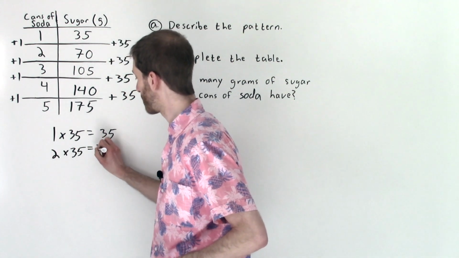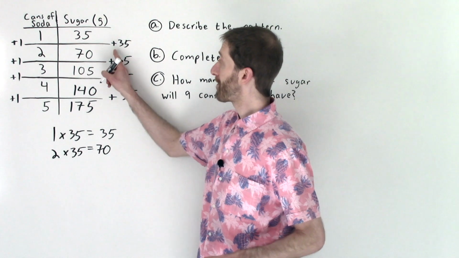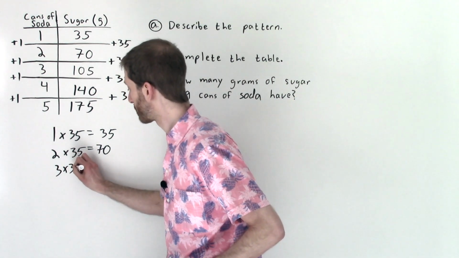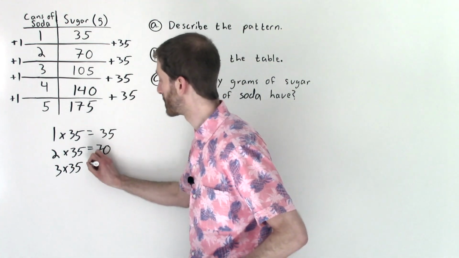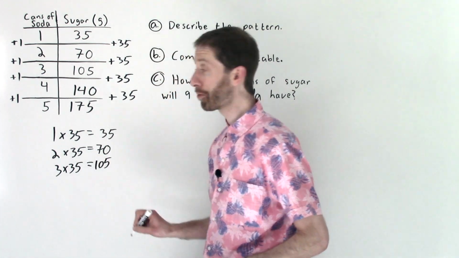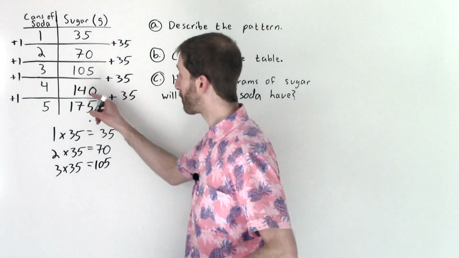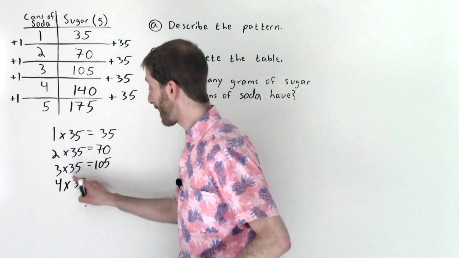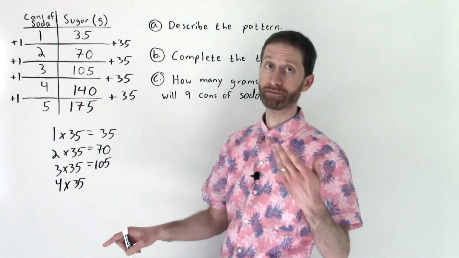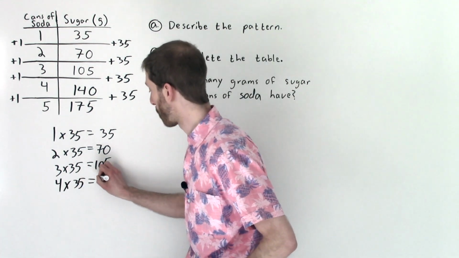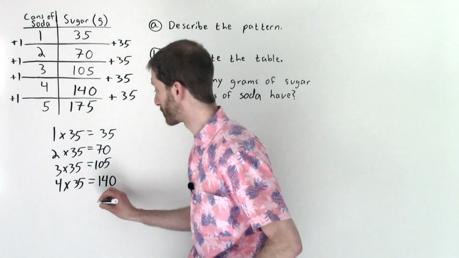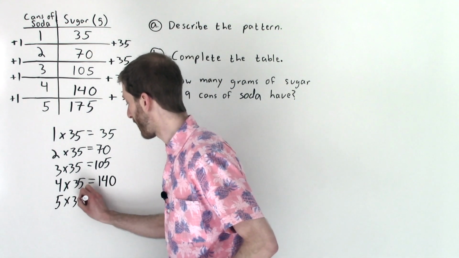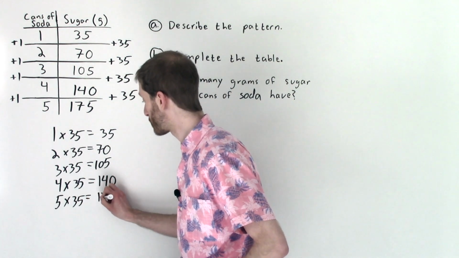Well, that's 70, right? 35 added twice gives me 70, and then 35 added 3 times, or 3 times 35, gives me 105. And then 35 added 4 times, for 35 grams of sugar per can times 4 cans, is 140 grams of sugar. And then 5 cans is 5 times 35, which is 175.